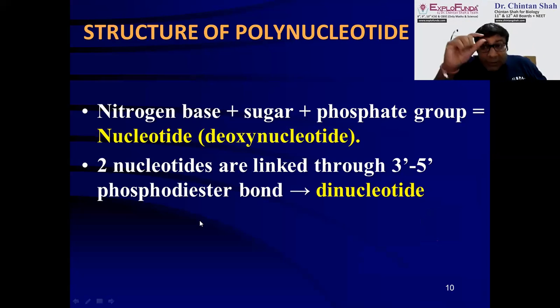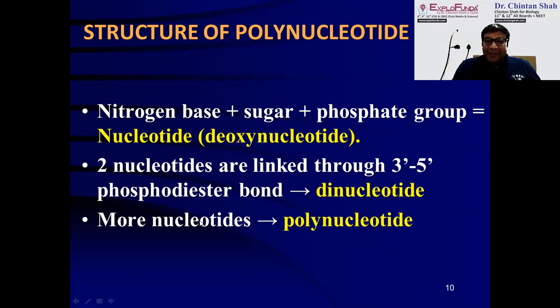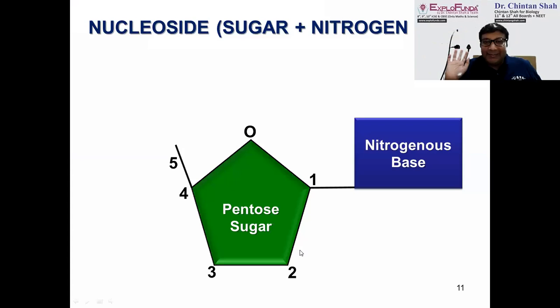So, the first nucleotide's third carbon combines with the next nucleotide's fifth carbon. Again, the first nucleotide's third carbon combines with the next nucleotide's fifth carbon. That is known as 3' to 5'. More nucleotides are known as a polynucleotide chain.